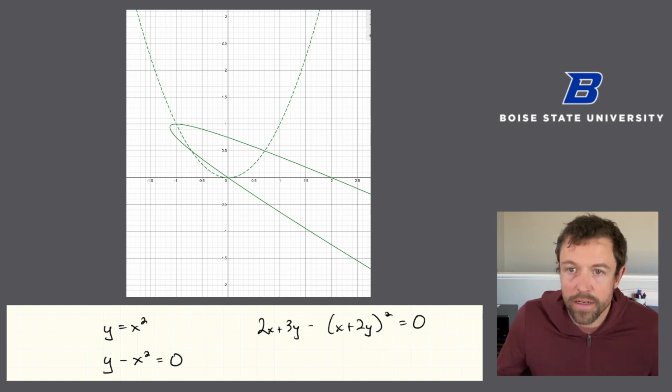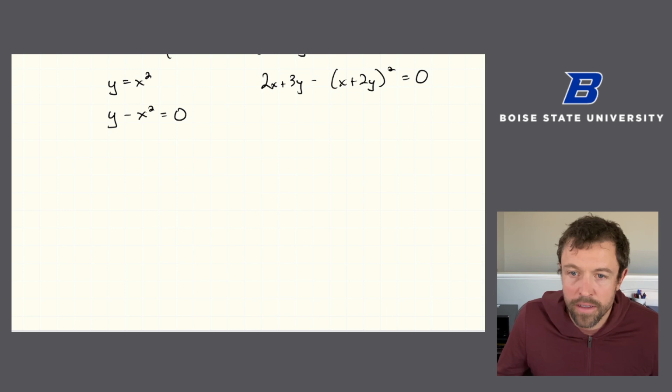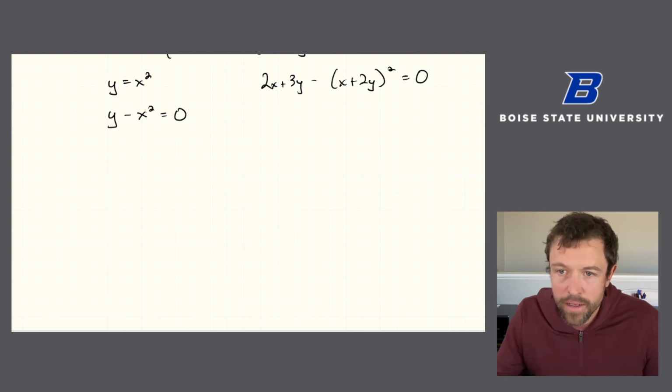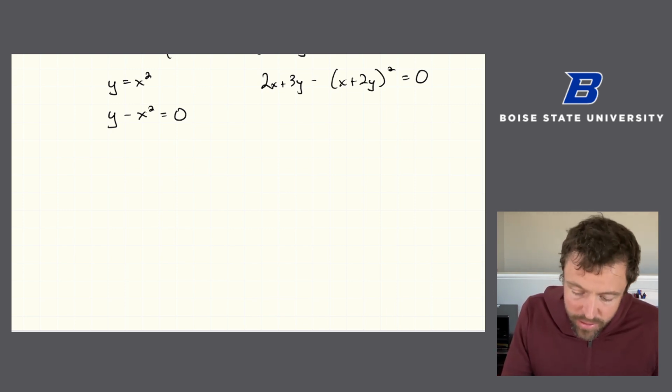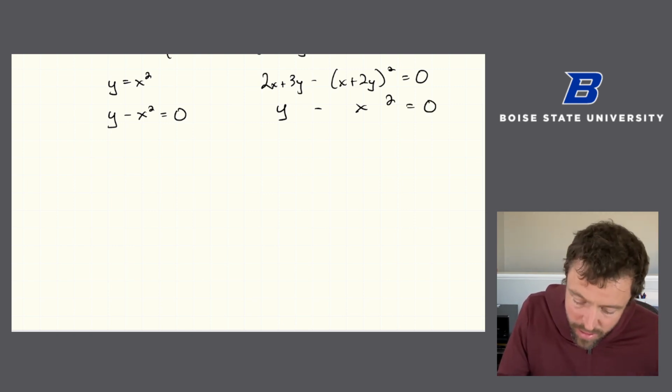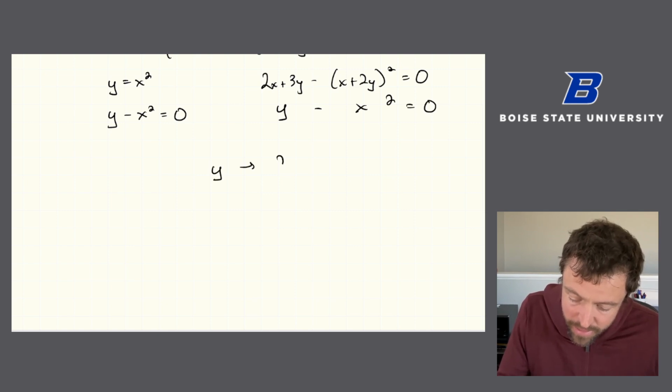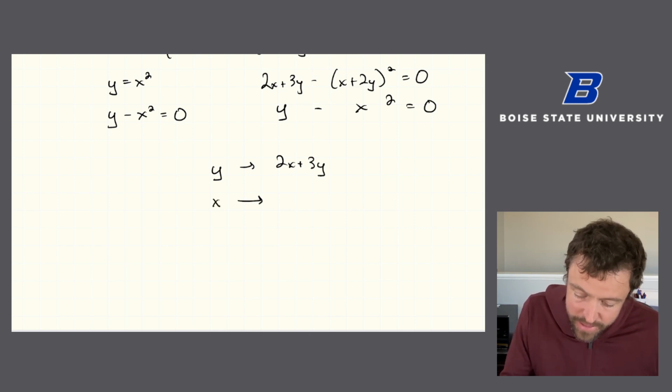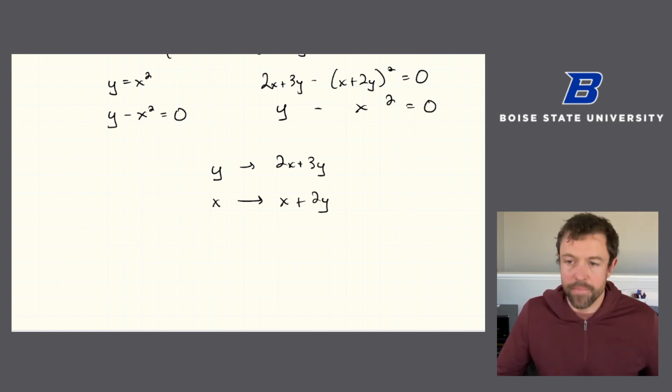My first thought is, well, I'm trying to think of these things as being mapped to each other. So I want to think about taking y to 2x plus 3y and taking x to x plus 2y.